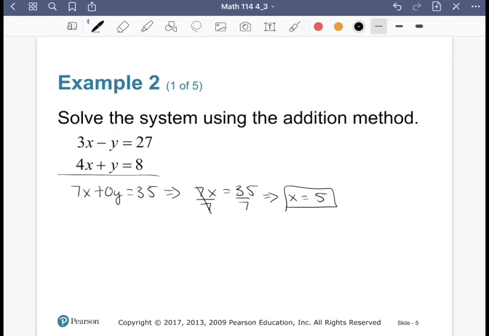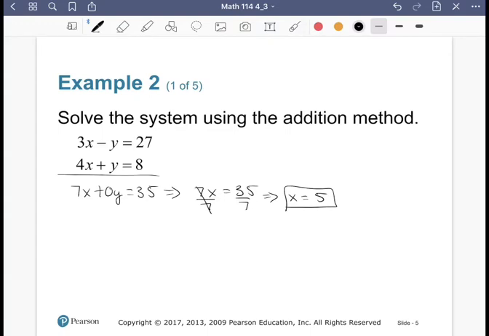I have my first variable. After that, plug it into one of the equations so that I can get an answer for the other one. I really don't care which one. I personally would choose the second equation because the y is already positive, so I just need to plug in and subtract. But again, that is up to you.